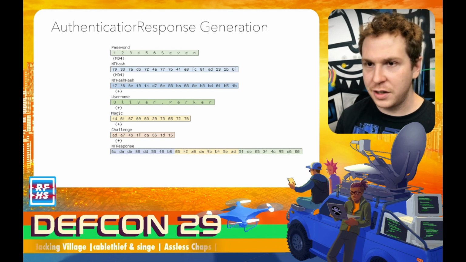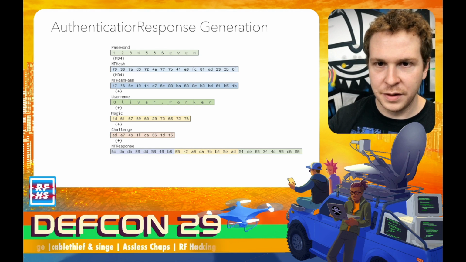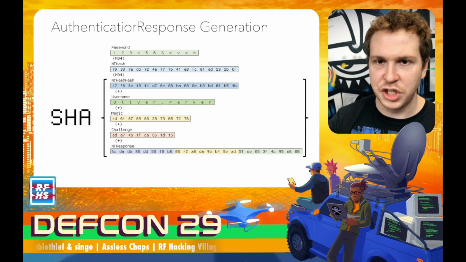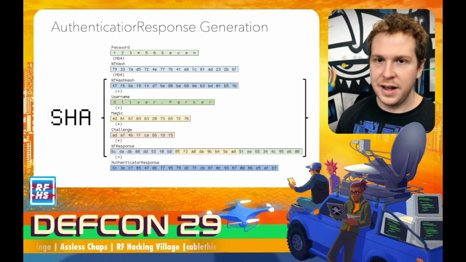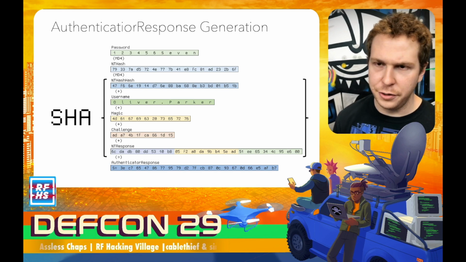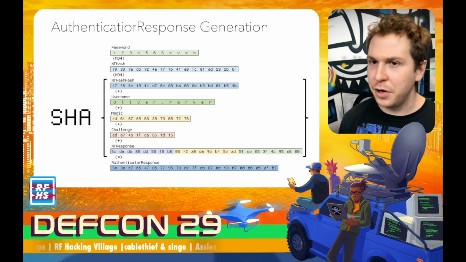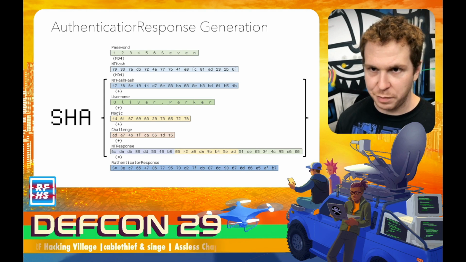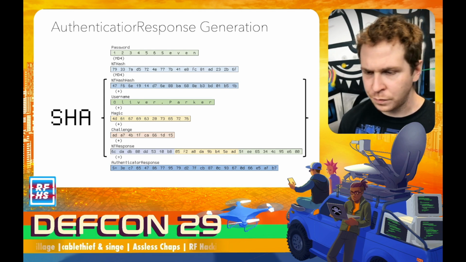The challenge that we calculated two slides ago, and then that gets us the NT response. Oh, and we add in the NT response, and we SHA it. We prepend an S, and we throw that at Arthur. And you can see in this way, we know what gets put into this is the password, and if we both know the same password, we should both be able to repeat these same actions to get the same result.